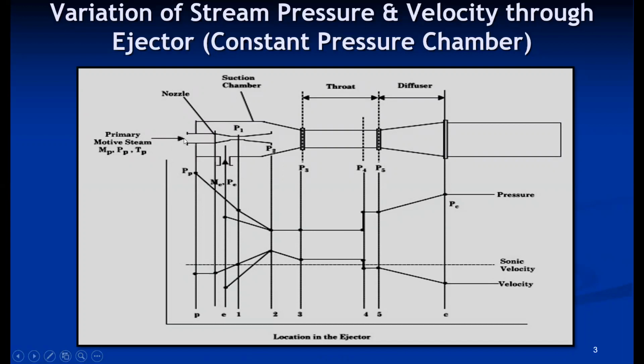When the fluid flows through the primary nozzle, which is a convergent-divergent type, a continuous pressure drop happens. This is the pressure decrease of the primary fluid, and the pressure here is the lowest, and this low pressure is responsible to entrain the secondary fluid.